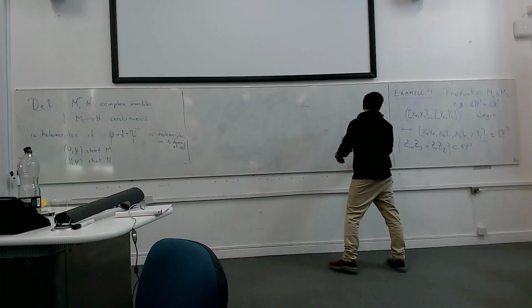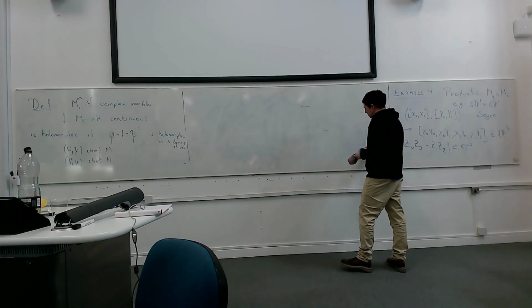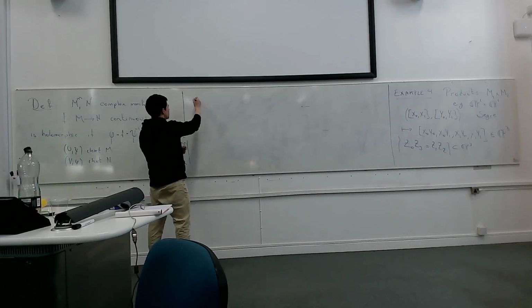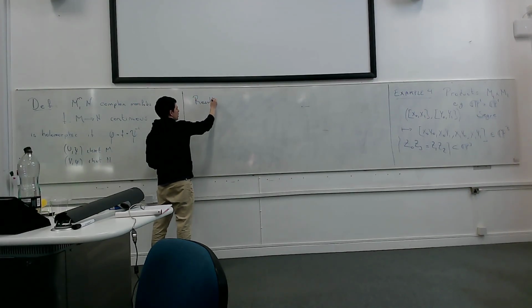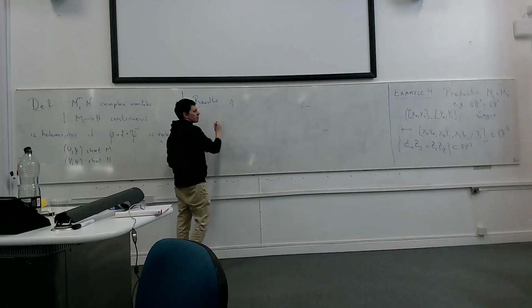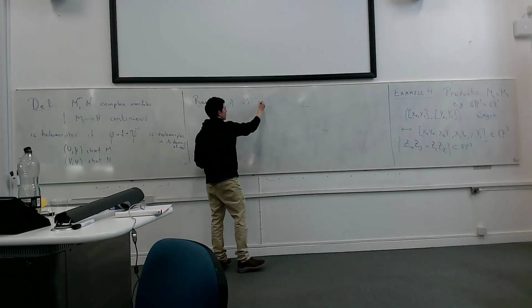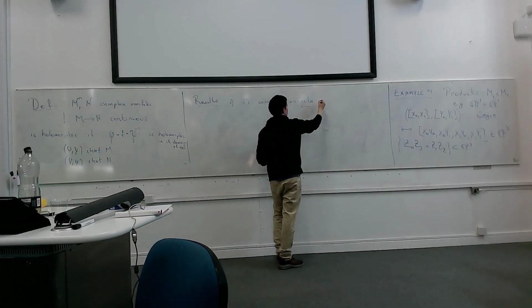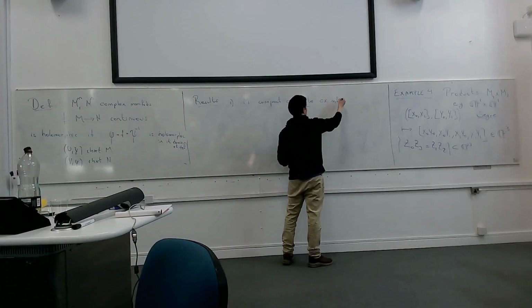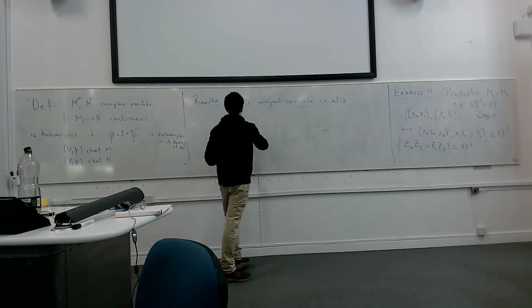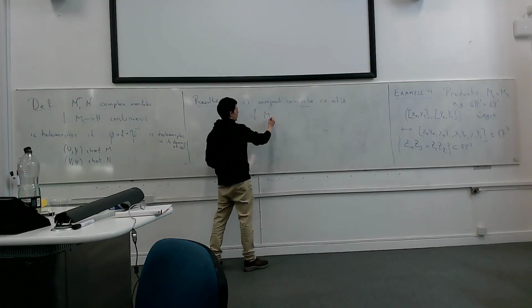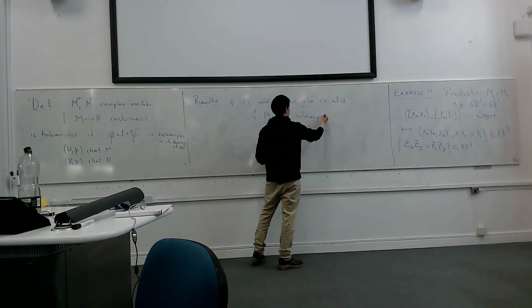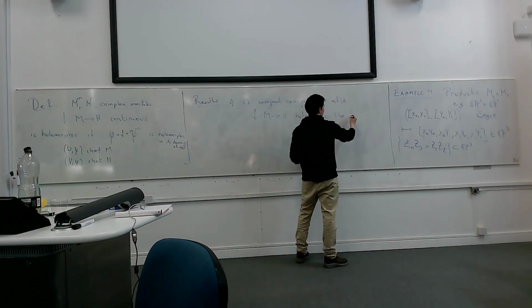And now I just want to mention some results about this that make evident that these complex manifolds behave very differently than a smooth manifold. So one is that, let's say, M is a compact and connected complex manifold, and we have a holomorphic function f from M to C. Then this function f is constant.